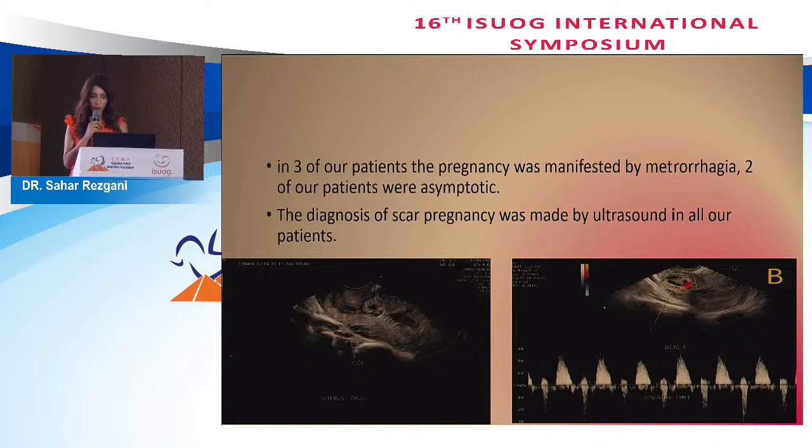In 3 of our patients, the pregnancy was manifested by metrorrhagia, and 2 of them were asymptomatic. The diagnosis of scar pregnancy was made by ultrasound in all our patients.